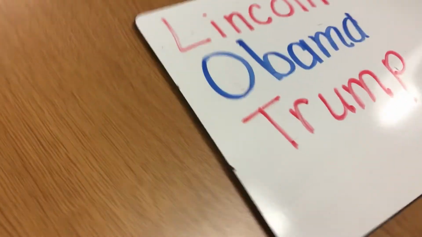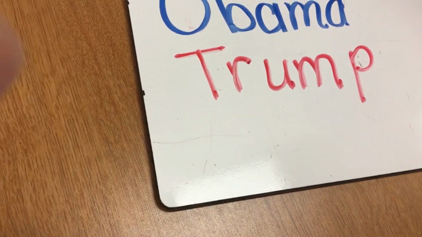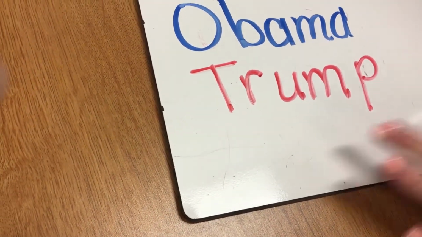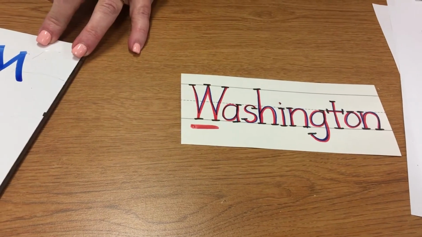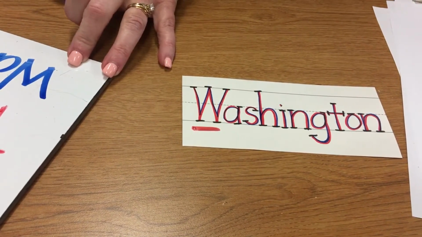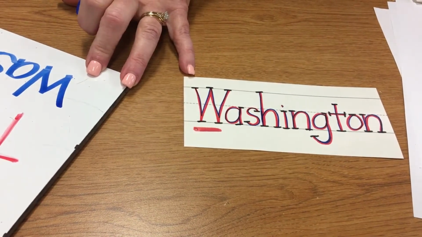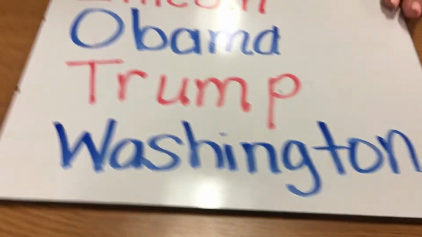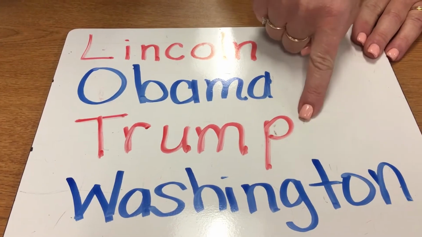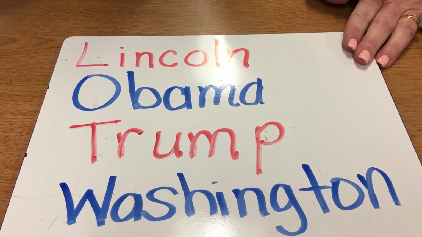I'm going to put him over here. And then last I can see that I would do Washington. So I'm going to write Washington next. And this is how you would put these words in ABC order, as you look at that first letter and which comes first. So it would be Lincoln, Obama, Trump, Washington.